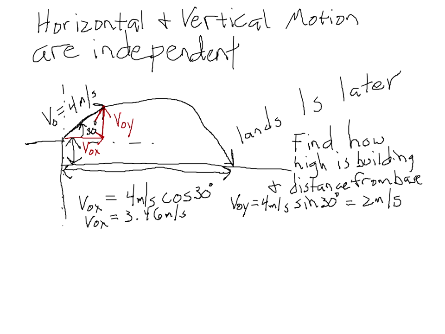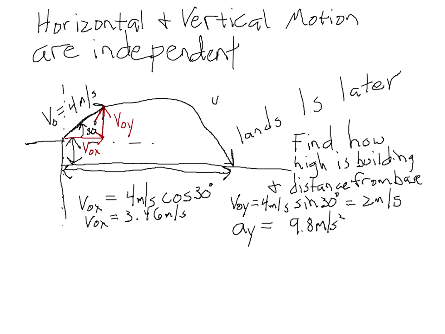So what are the other things that we know? Well, in the y direction, we know that the acceleration is the acceleration due to gravity, and that's 9.8 meters per second squared down.